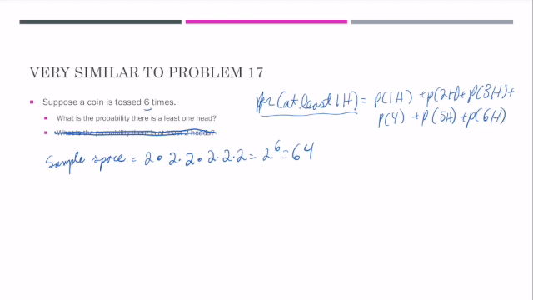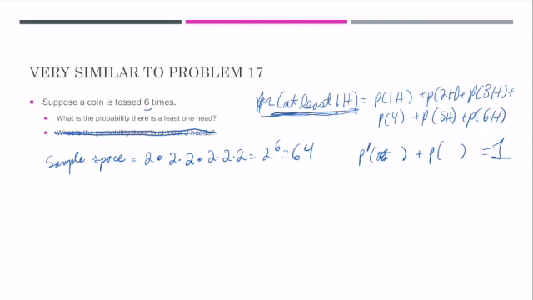I want to know what's the converse of at least one head. Well, remember, if I have a converse, the sum of the event and its converse, denoted with an accent, is 1.